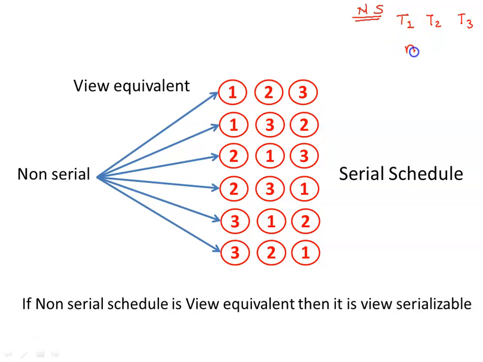It will be n factorial. So in this case it will be 3 factorial. So basically we will have 6 different combinations of serial schedules. The combinations would be: 1, 2, 3; 1, 3, 2; 2, 1, 3; 2, 3, 1; 3, 1, 2; and 3, 2, 1.